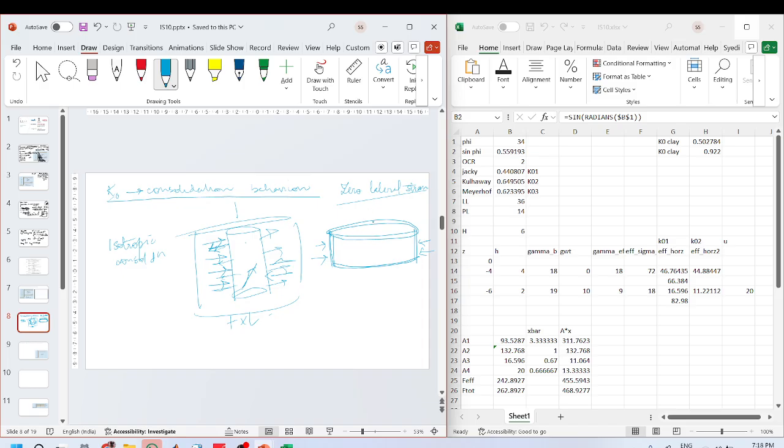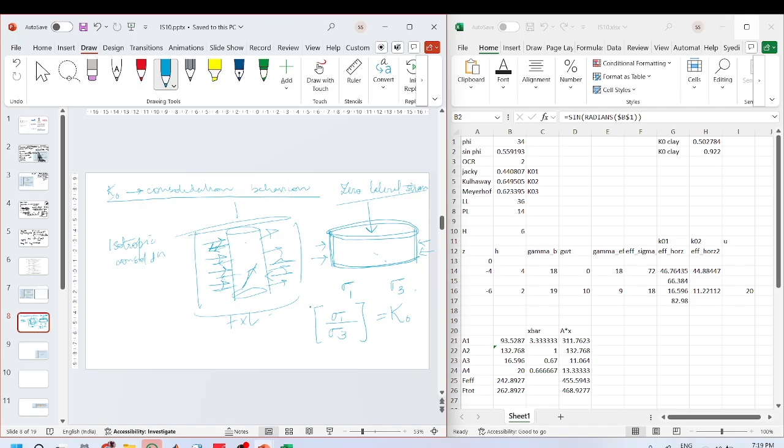So in this situation, when you calculate sigma 1 and sigma 3, the ratio will give you the K-naught, isn't it? Yes, madam.